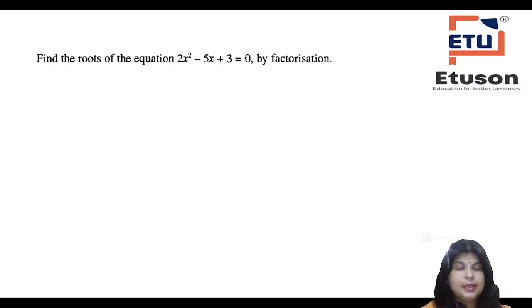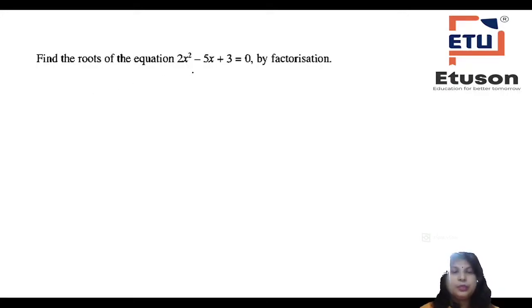Now let us take one example to understand how we can solve the quadratic equation by the method of factorization. So our question is, find the roots of the equation 2x square minus 5x plus 3 is equal to 0. If you remember in your lower classes, how you split the middle term, that is, the term containing the x variable.